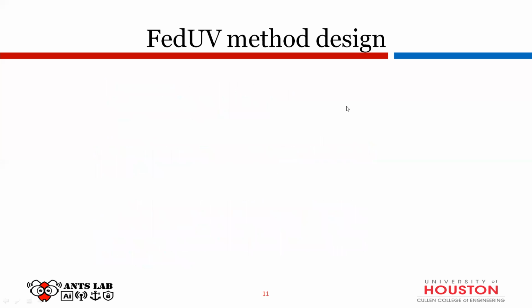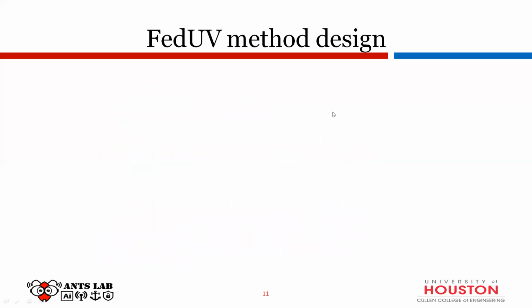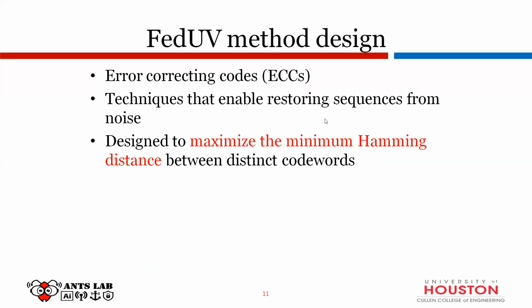Now that we have established this first concept, we'll jump out of the box and talk about error correcting codes, which is ECCs. ECC, error correcting code, is basically a technique that enables restoring sequences from noise.